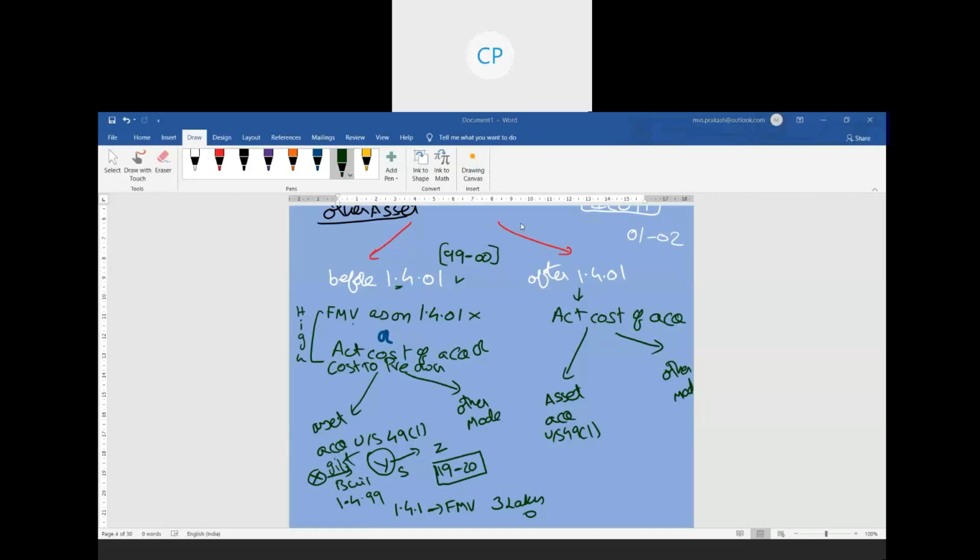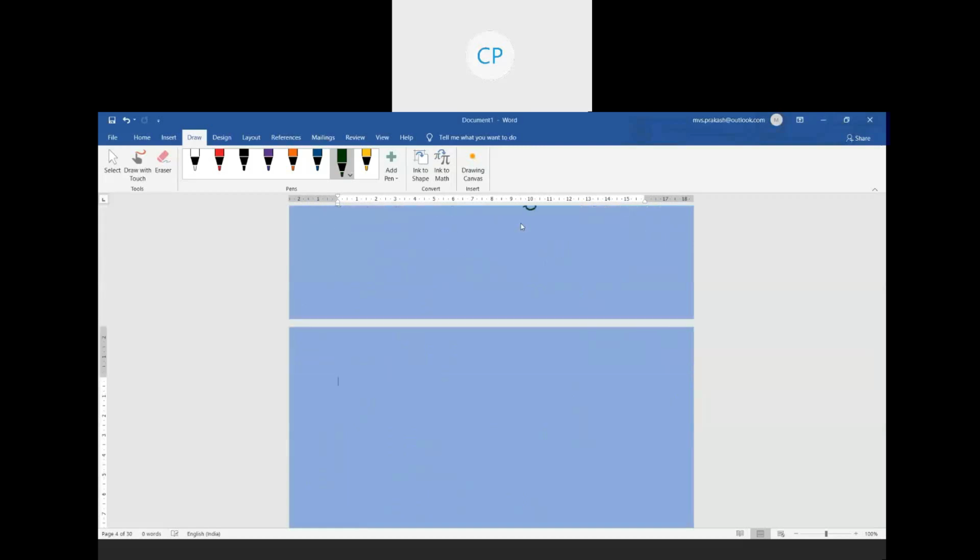Now we'll come to the second part. See, when we come to the second part, what is it? The asset was purchased after 1st April 2001. Let me elaborate it here. You are acquiring the asset on or after 1st April 2001.